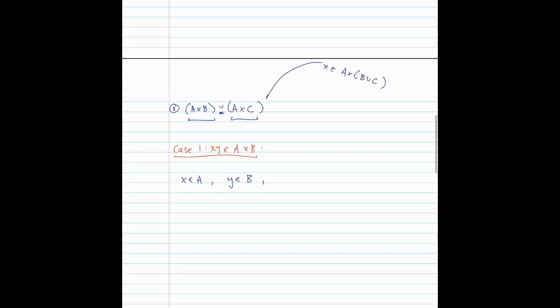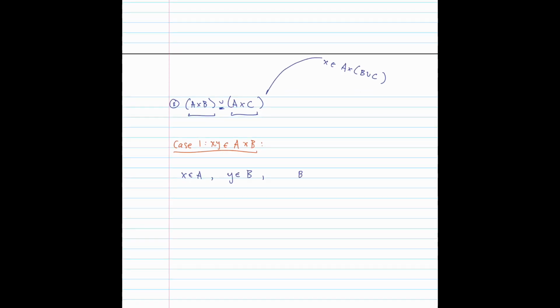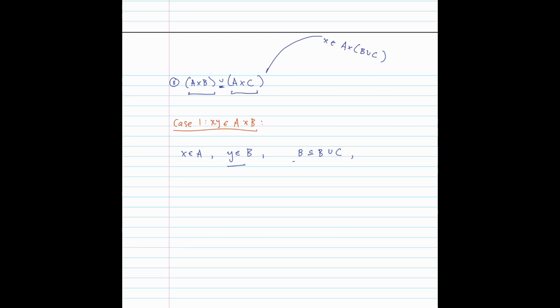Okay, so B itself is a subset of B union C. So since Y is an element of B and B is a subset of B union C, we could say that Y is an element of B union C as well.